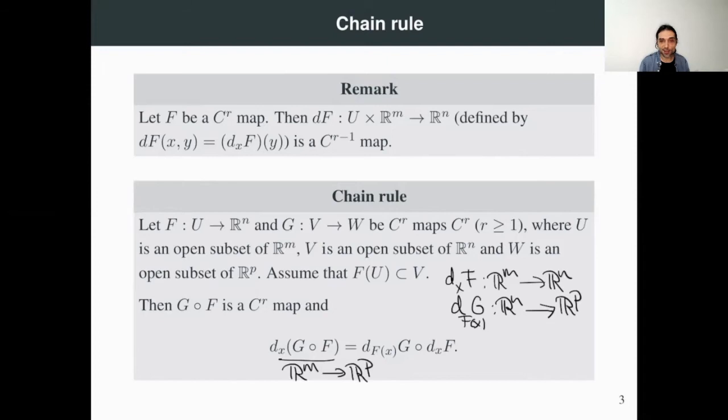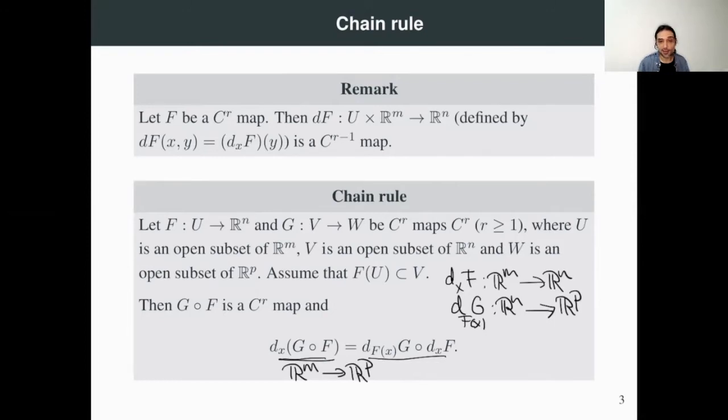Of course, that does not imply that we have the chain rule, but at least we don't have a problem with the domain of these maps and the target spaces, and indeed we don't have a problem with anything.